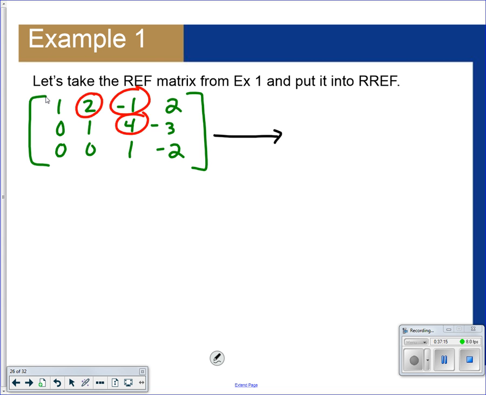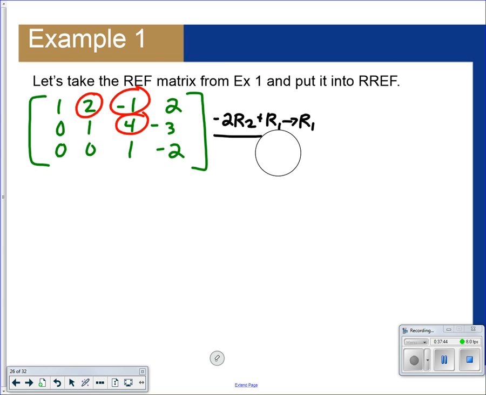In order to avoid getting anything other than 1, always multiply by the row underneath it. So if you're trying to make row 1 into a 0, you want to use row 2. So I can multiply row 2 by what? Negative 2. So negative 2 times row 2, and then add it to row 1, and that can be my new row 1.